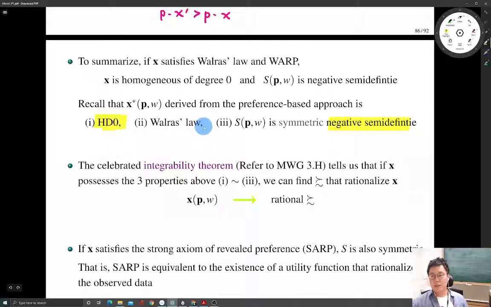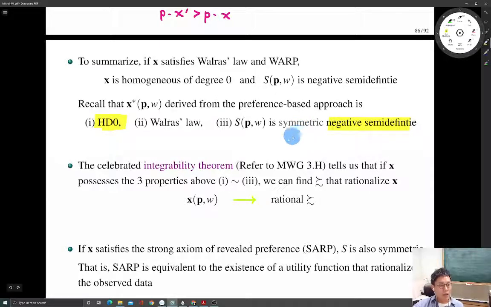And Walras' law is satisfied in many cases. If we assume only goods are traded, then the monotonicity condition is easily satisfied, so in such a case, Walras' law is indeed satisfied. So that does not matter. But symmetry of the Slutsky matrix is not a trivial thing.